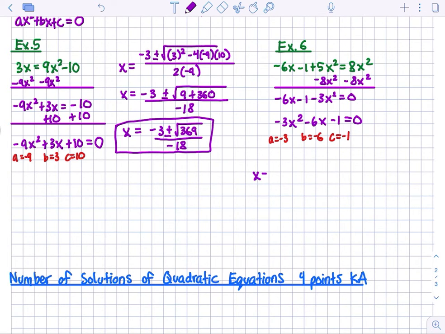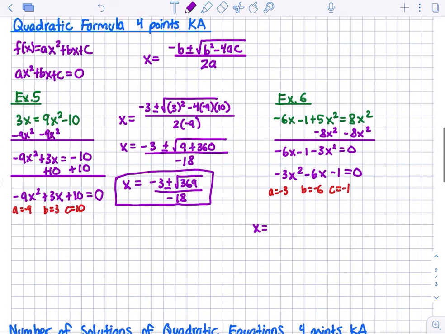So x is equal to, using the formula up here, negative b is negative of negative 6, plus or minus square root of b squared, which is negative 6 raised to the second power, minus 4 times our a value, which is negative 3, and our c value, which is negative 1, all over 2 times our a, which is 2 times negative 3.